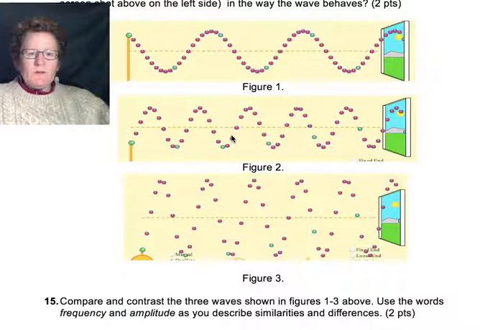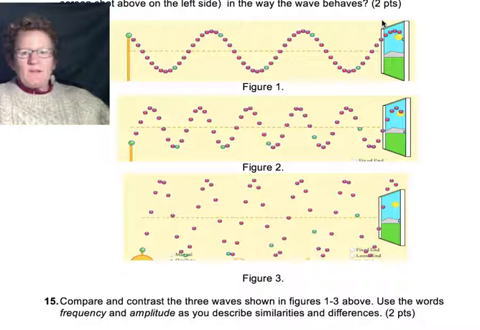Let's go down to question 15 where we're asked to compare and contrast. That means to find similarities and differences in the three waves shown above in figures 1, 2, and 3. Use the words frequency and amplitude. Frequency is the number of waves that come by every second or every amount of time.